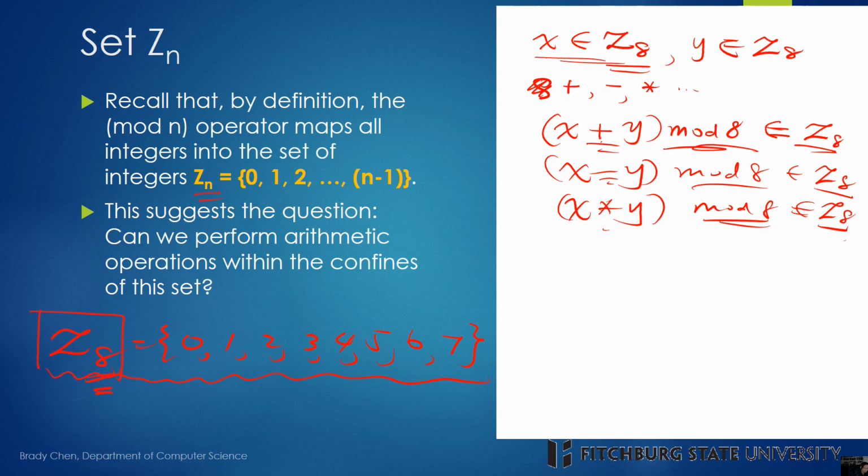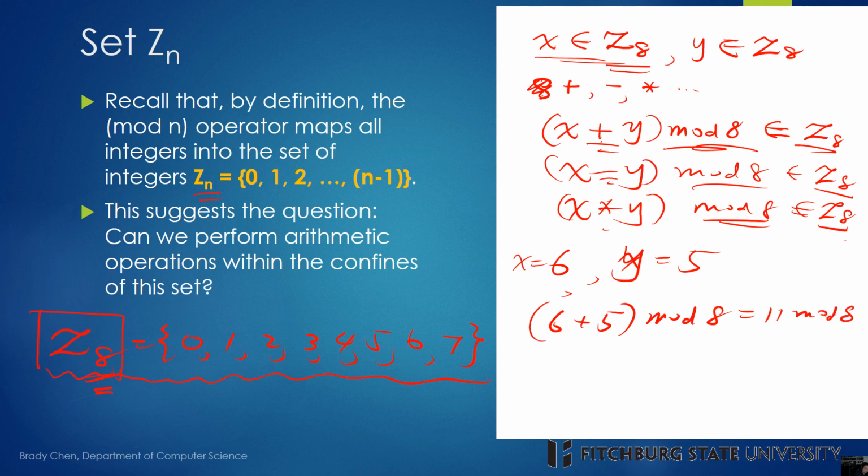So let's take a look at an example. Say we pick x equals 6, and we pick y as 5. Then 6 plus 5 mod 8. What is this? 6 plus 5 is 11, mod 8.